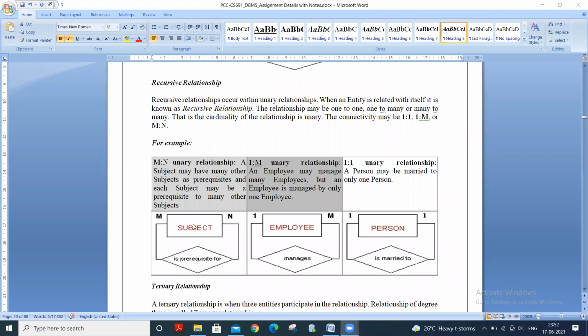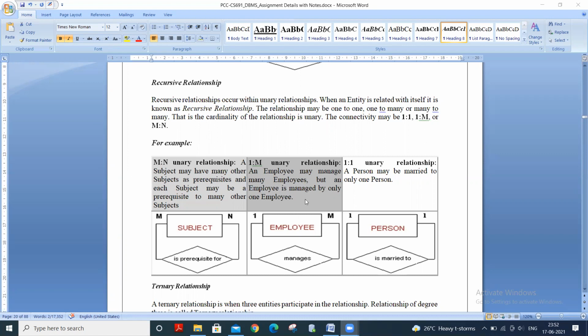Okay, or we can assume that deep learning is a prerequisite of machine learning, but you can say that machine learning or deep learning are part of data science. Okay, so they are needed for each other. So this is the M is to N type relationship. Okay, M is to N type unary relationship.